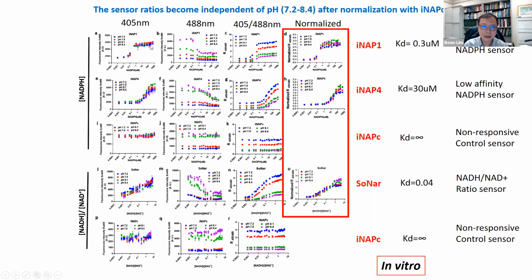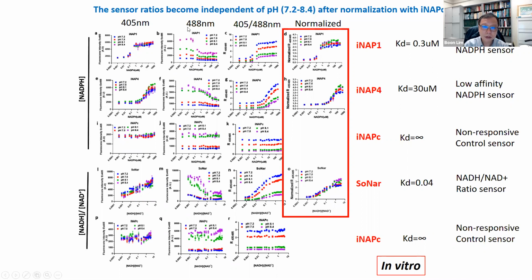We can see that if we add different concentrations of NADPH and in different pH, the emission excited by 405 is independent of pH. So pH would not affect the emission activated by 405.